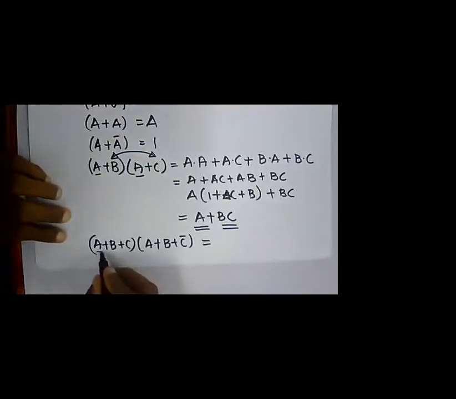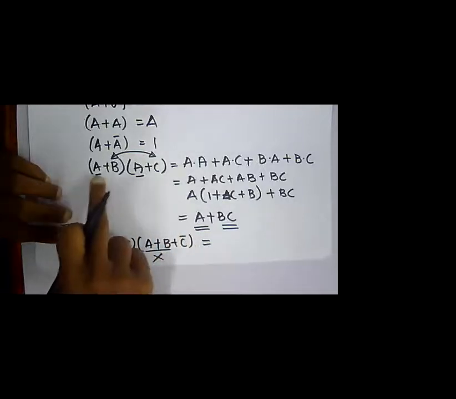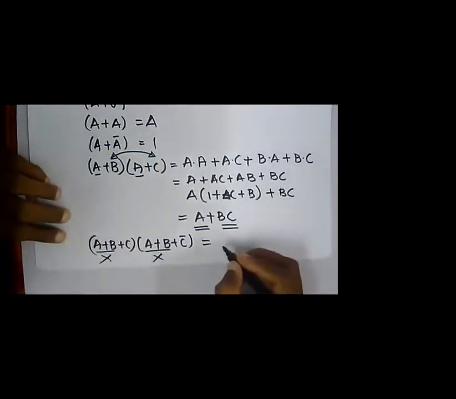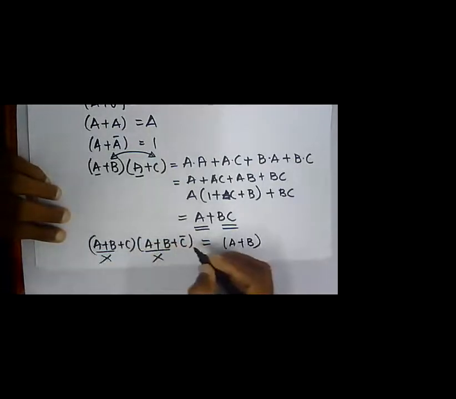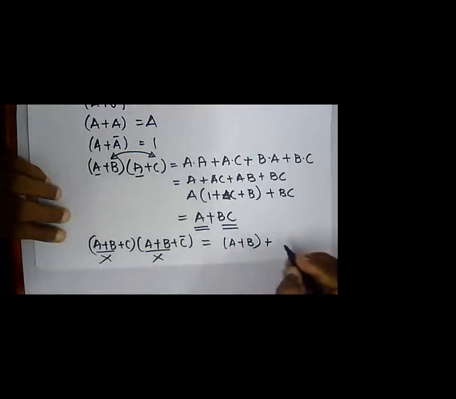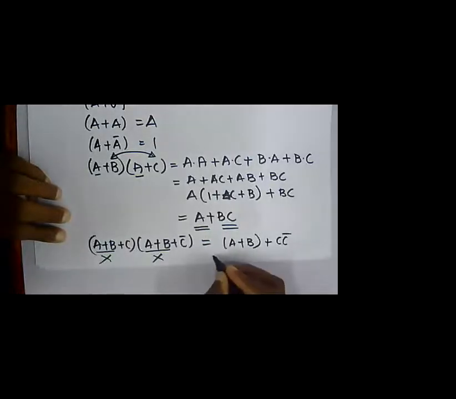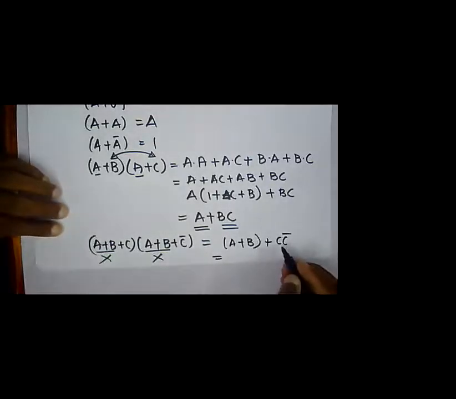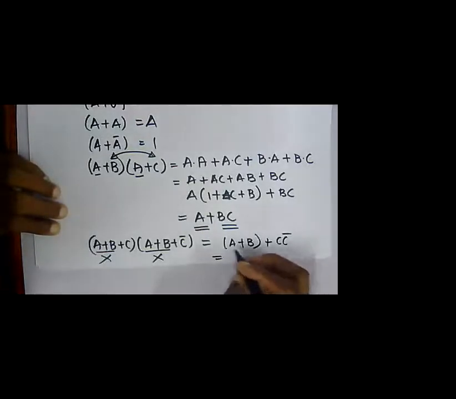You can consider A plus B as capital X. So this is in the form of (X plus C) into (X plus C bar), which is (A plus B plus C) into (A plus B plus C bar). C into C bar becomes 0, because if C is 1, C bar is 0. If C is 0, C bar becomes 1. So we can write this as A plus B.